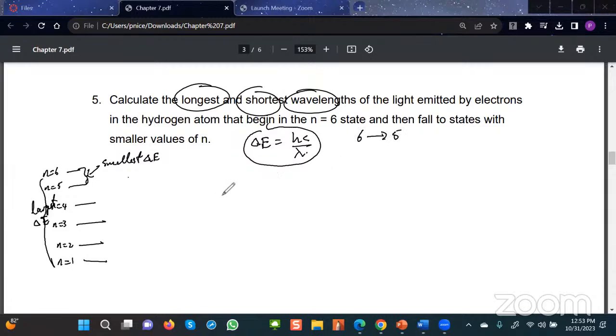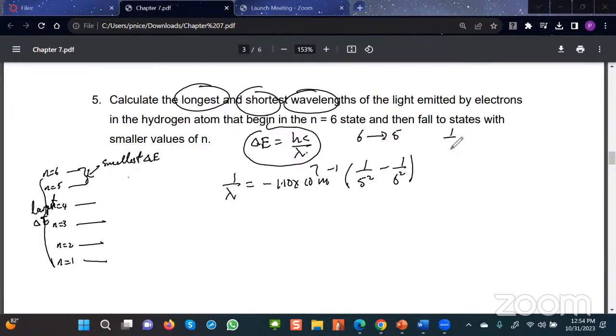So to calculate the wavelength going from 6 to 5, that would be given by the formula 1 over lambda is equal to minus 1.10 times 10 to the 7 meters to the minus 1 times 1 over 5 squared minus 1 over 6 squared. So let me remind you of the formula we're using.